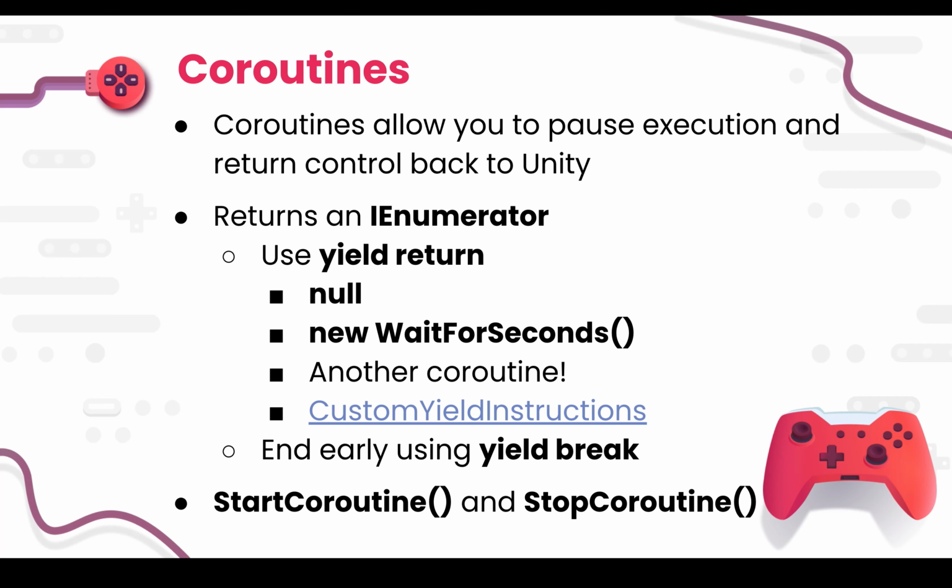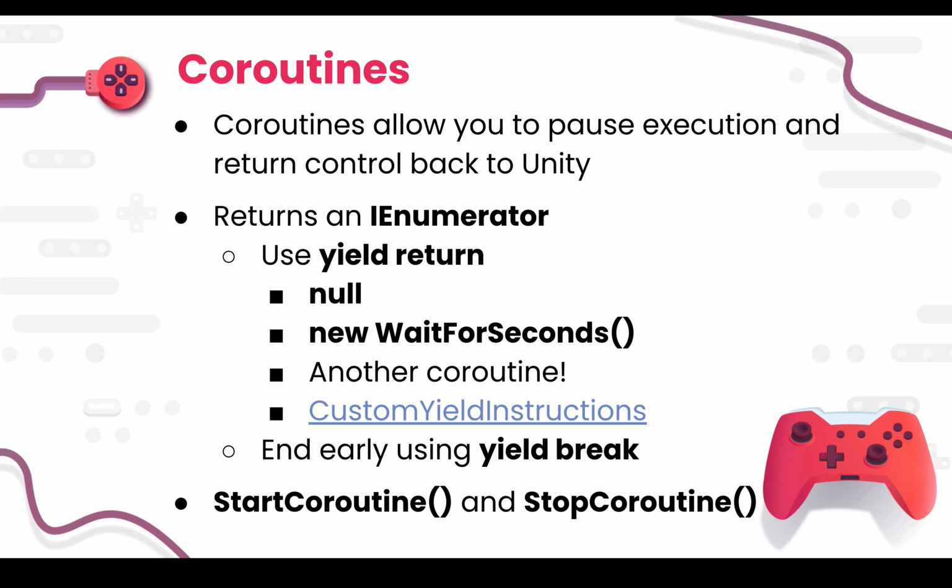So inside of your coroutine, you use a yield return X statement, where X is one of these items listed below. So for example, yield return null will pause your function until the next frame, and yield return new WaitForSeconds will pause your function for some number of seconds that you provided. You can also use yield return and then another coroutine so that you can start another and wait for that other coroutine.